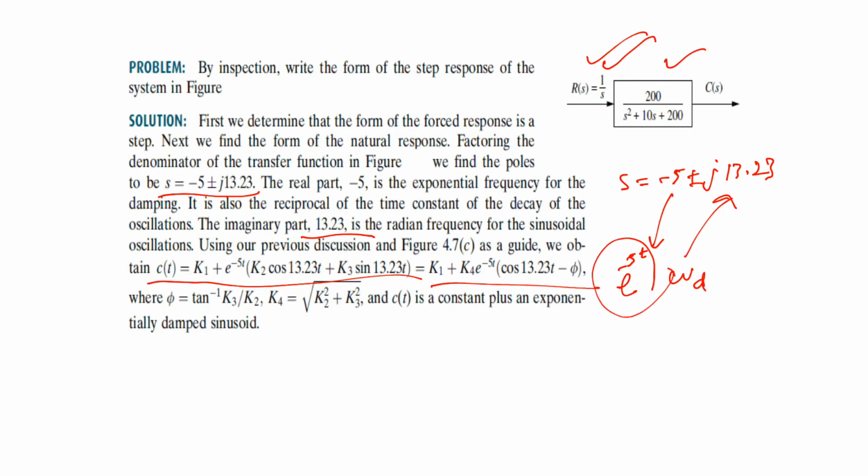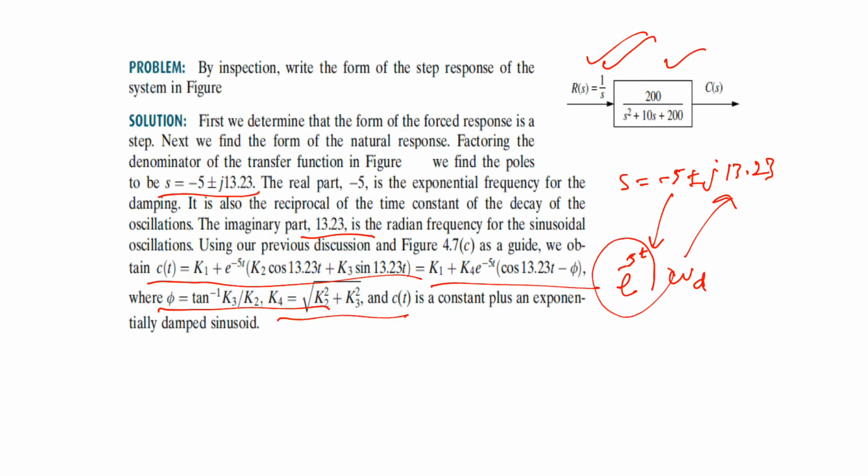Then we solve it and get K1 plus K4 e to the minus 5t cos of 13.23t minus phi, where these are constants, phi is tan inverse of K3 by K2, and K4 is the magnitude, the square root of K2 square plus K3 square.